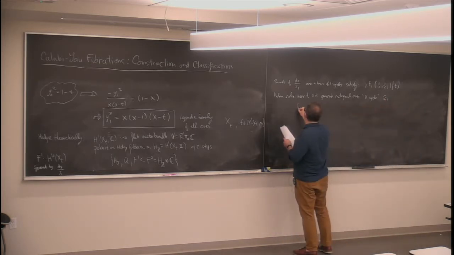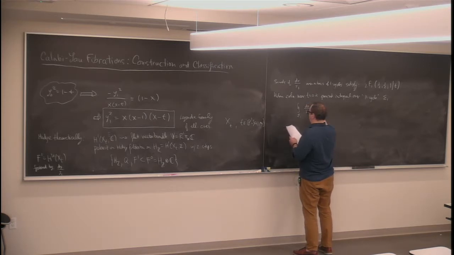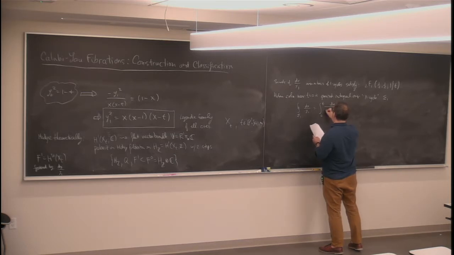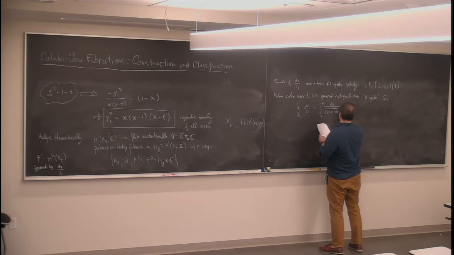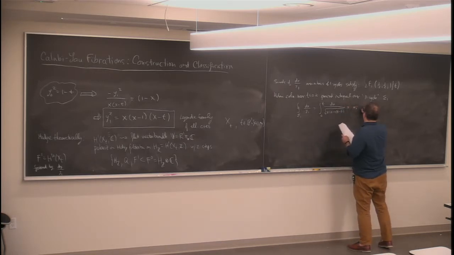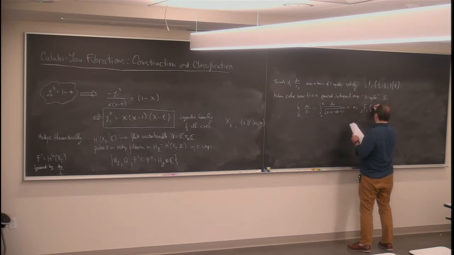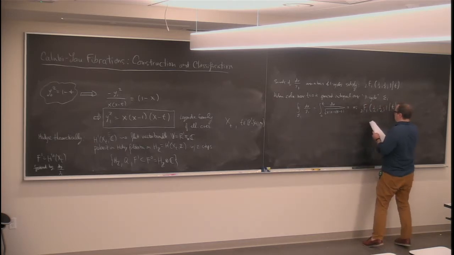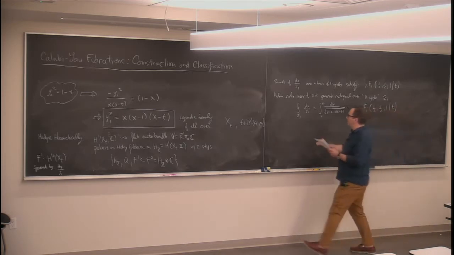So it's the integral over sigma 1 of dx over y1, integral from 0 to t dx over root x times x minus 1 times x minus t, which is pi times 2F1(1/2, 1/2; 1; t). Okay? Now, what's sigma 1?